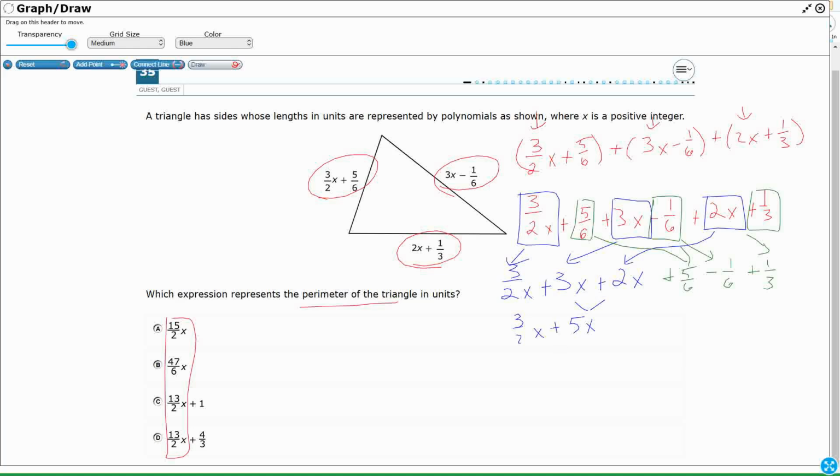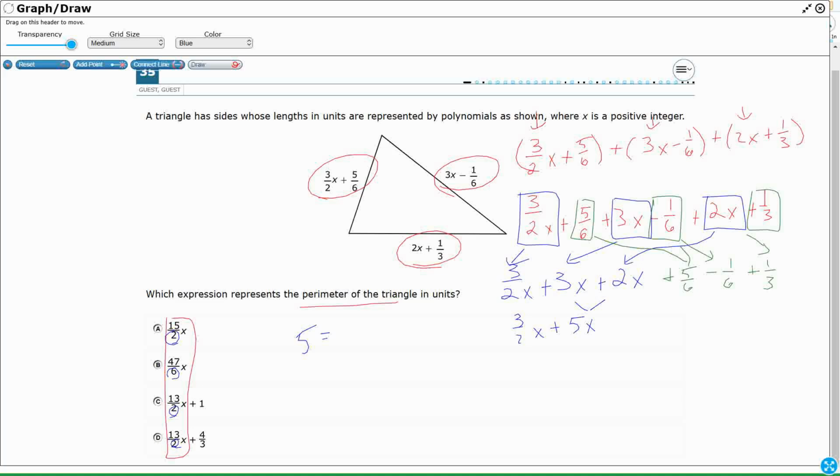And really, if I wanted to, I'm taking a look over here, right? I'm looking at all of my answer selections. I can write that as a mixed number if I wanted to. That's 1.5. But it doesn't look like I'm going to end up as a decimal. It needs to end up as a mixed number. Take a look at all of my options over here. So in order to do that, let's rewrite 5x, right?